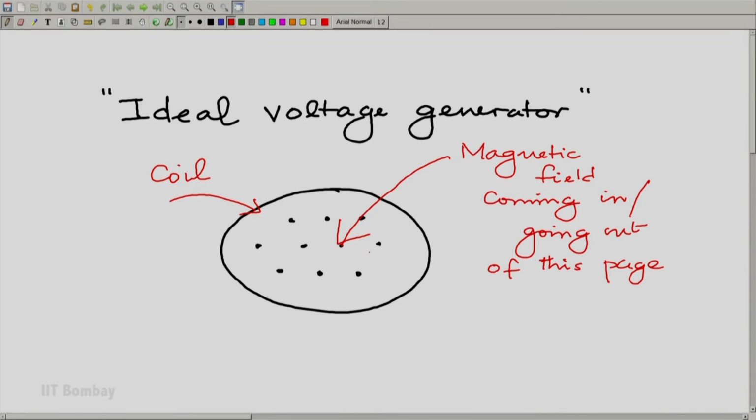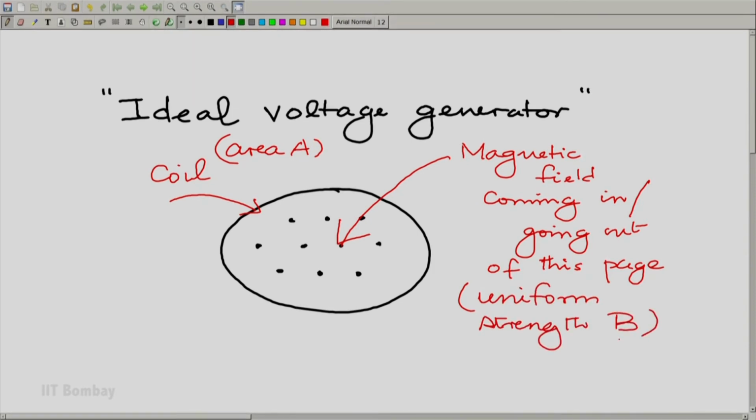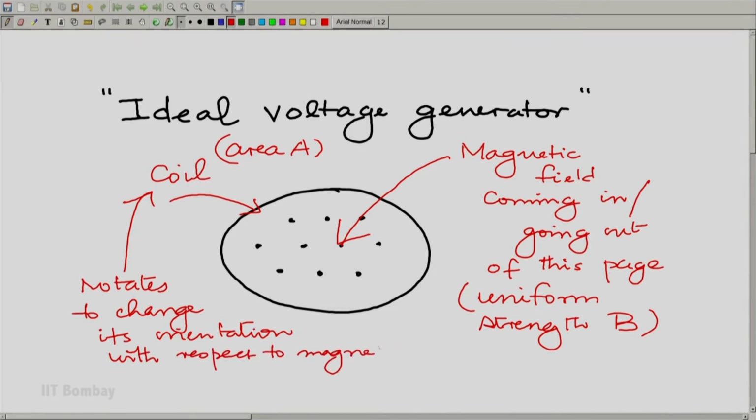So, let us assume the coil has an area of A, and let us assume that we have roughly uniform strength magnetic fields here as a function of area, and let that strength be B. The coil rotates so as to change its relative orientation, and let that orientation be theta.